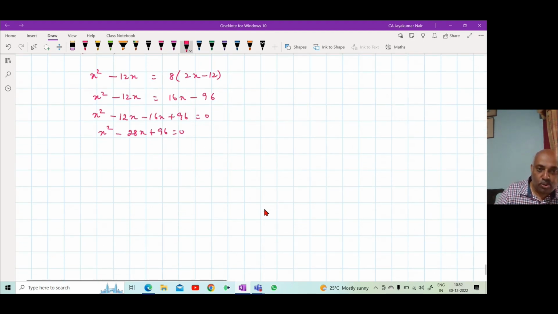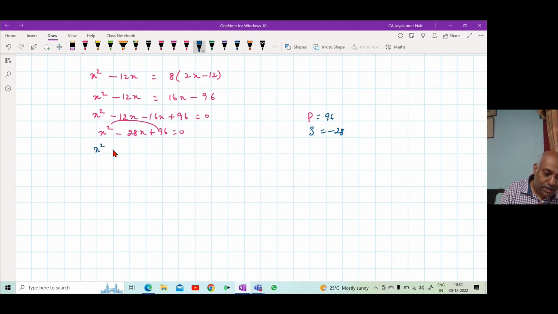So you can find the factors because it's quadratic. Product should be 108 and sum should be minus 30. So what into what will give you 108, and when you add you must get minus 30.